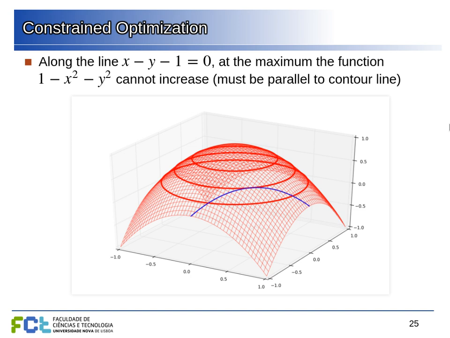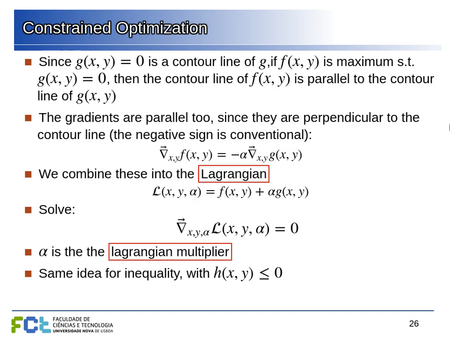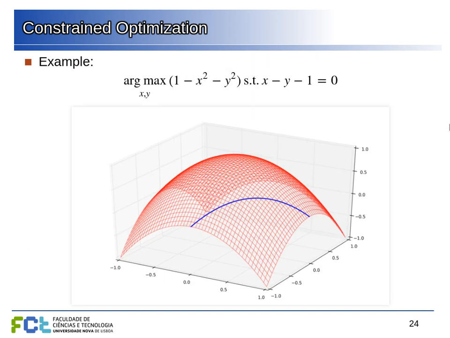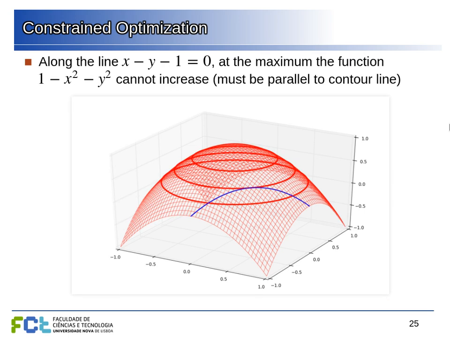The contour lines are those lines that trace the points where it has the same value. In addition, when we write an equation like g(x,y) equals 0, this is a contour line of g(x,y), because this is a line where the values are 0. So basically what we're saying is that if this is one function, f, and this is another function, g, at the maximum the contour lines must be parallel.